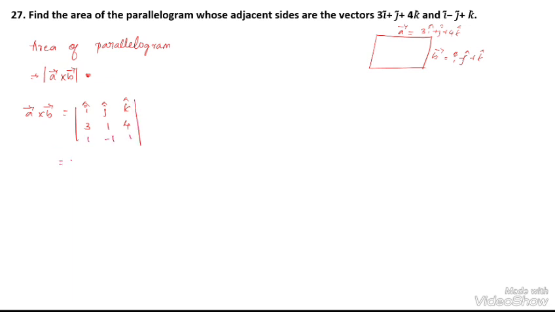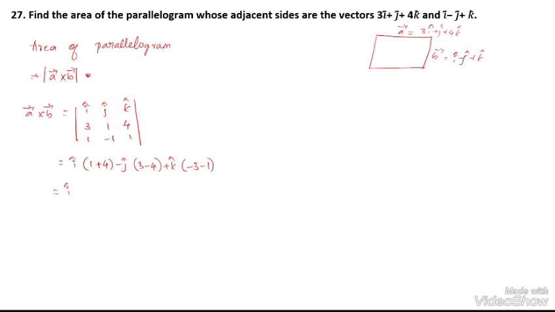Now, I will take the values. First, i cap: 1 into 4, minus minus 1 into 4, minus 4, then it becomes plus 4, minus j cap: 3 into 4, minus 4 into 1, plus k cap: 3 into minus 1, minus 1.